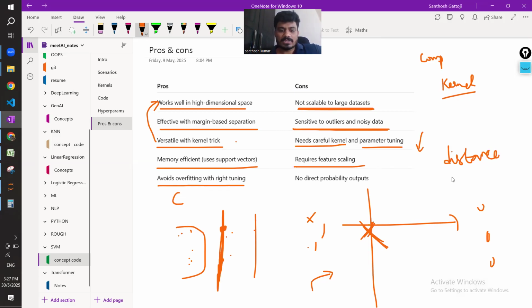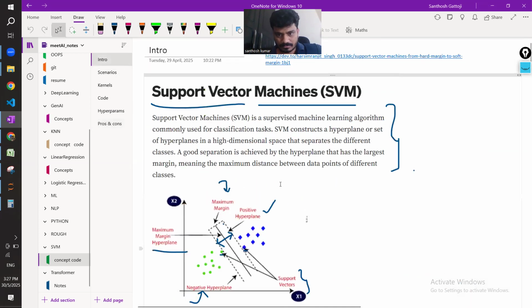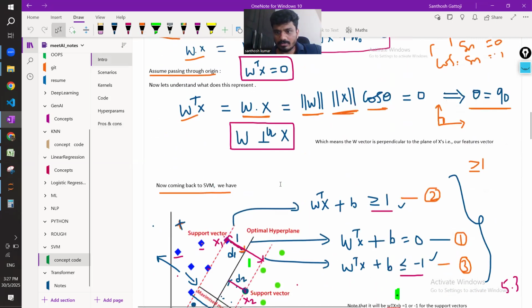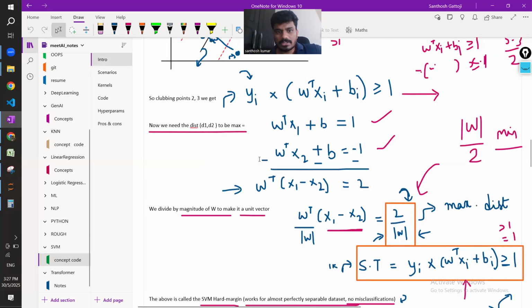There are some models which do not rely on distance, and we'll see them, but logistic regression is distance based. Here also it is distance based: you calculate the distance from here to the maximum margin. The whole equation of the SVM is 2 by W, so W by 2 is the distance.